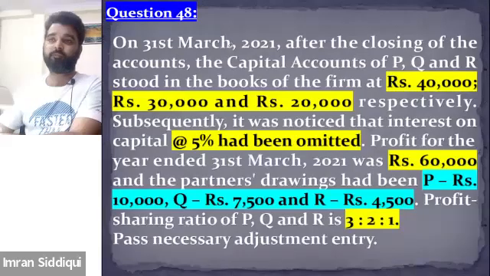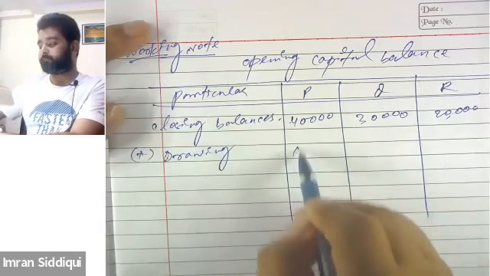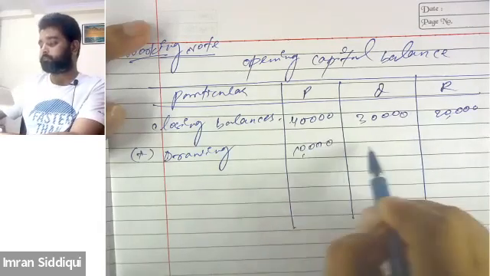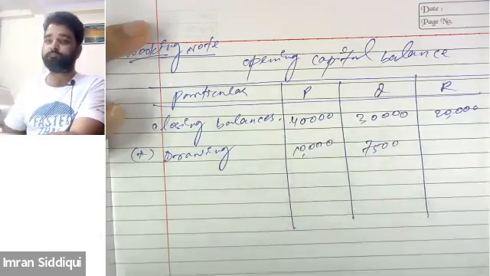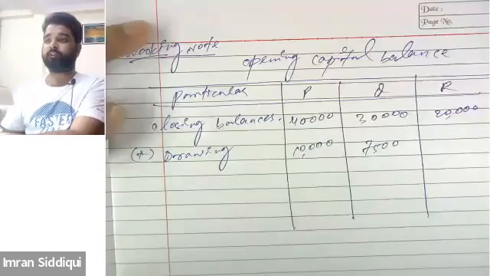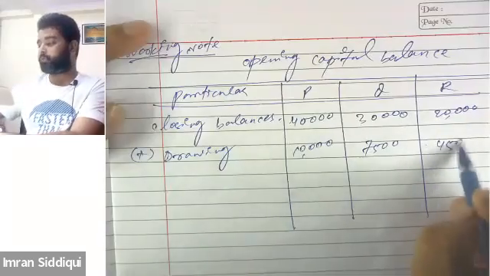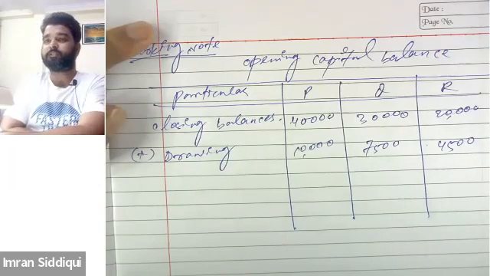It is written that P has withdrawn 10,000, Q has withdrawn 7,500, and R 4,500 respectively. So 10,000, 7,500, and 4,500 will be added to their closing balances.